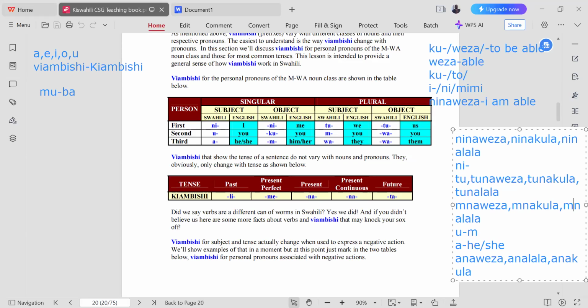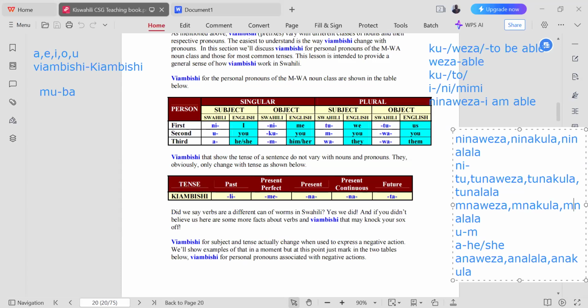Whatever we are putting here are actually pronouns, but you realize that they become part of the prefix of a verb. Because the main verbs, as I've said, are lala, kula, weza. But remember, most of the time, verbs will not stand alone without a prefix. These are not adjectives. These are prefixes. They are part of the verb.